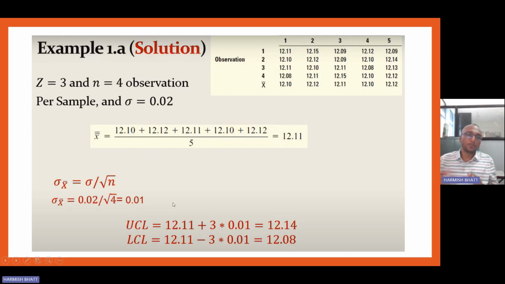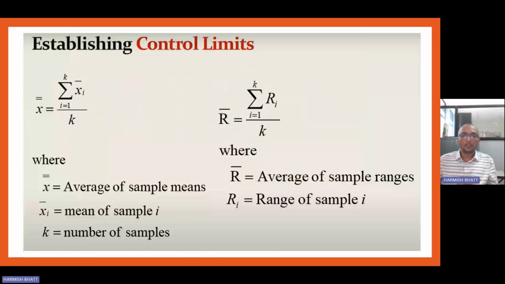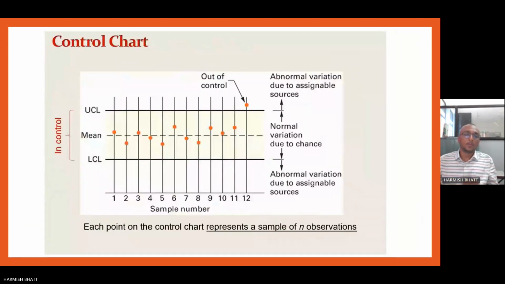So now we have the values of x double bar, UCL and LCL. Then what we can do is plot the x double bar value over here as a mean value, which will be equal to 12.11. The UCL will be 12.14, so obviously it will be above the mean line, the x double bar line.